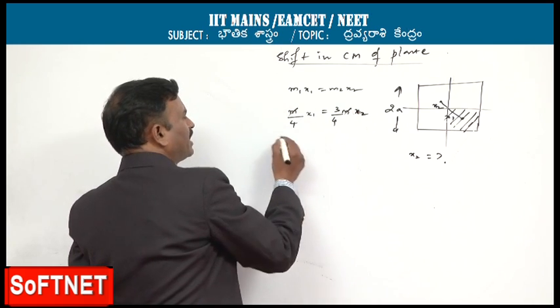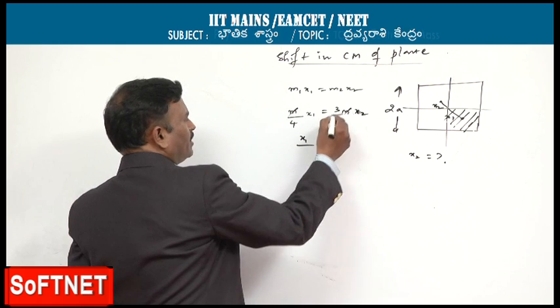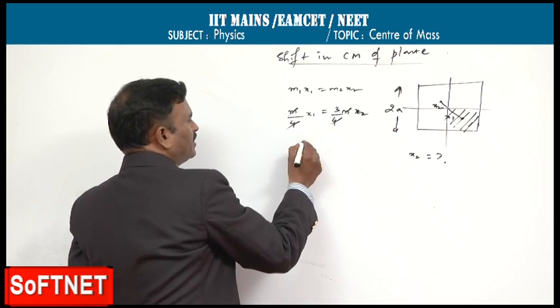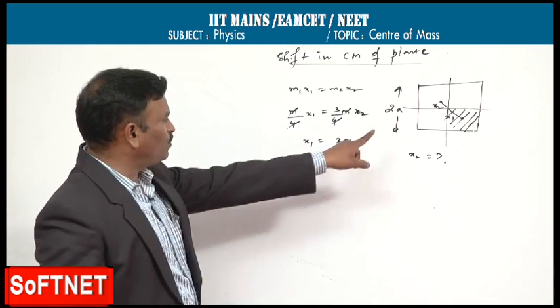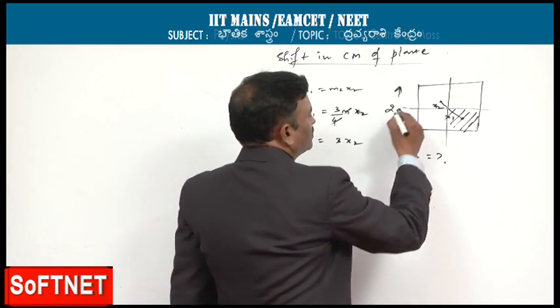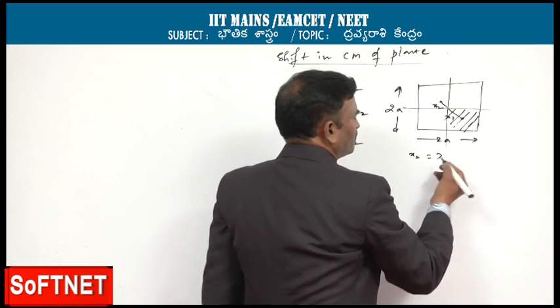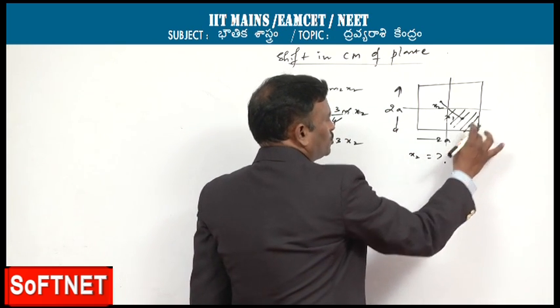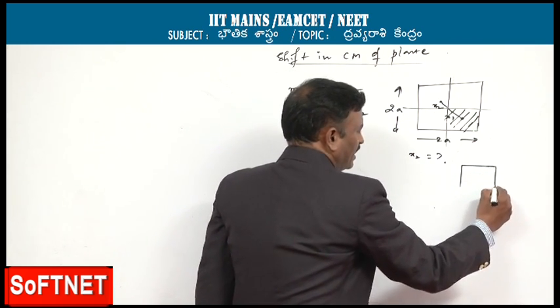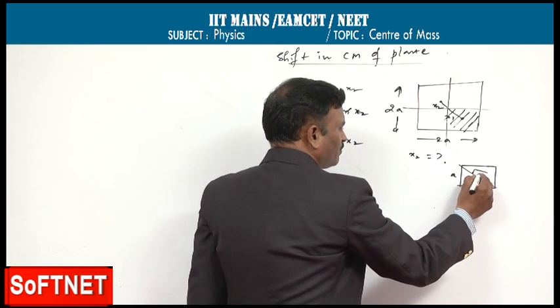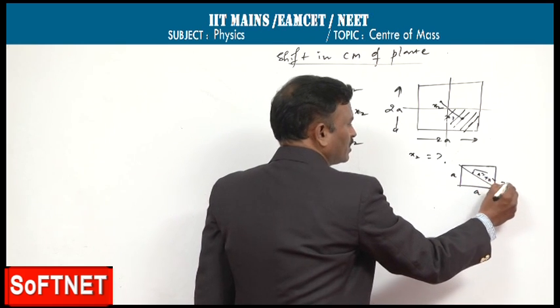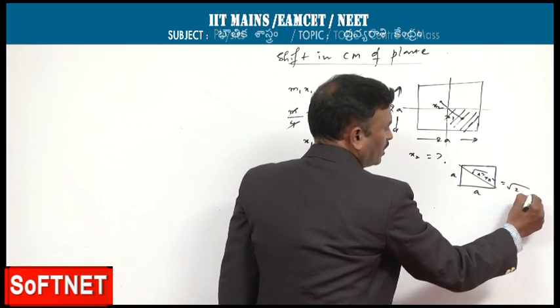Here m gets cancelled, and the 4 also gets cancelled, so x1 is equal to 3 times x2. What is x1 here? The big plate is 2a, and this portion is a and a. The total is the square root of a square plus a square, that is root 2 into a.